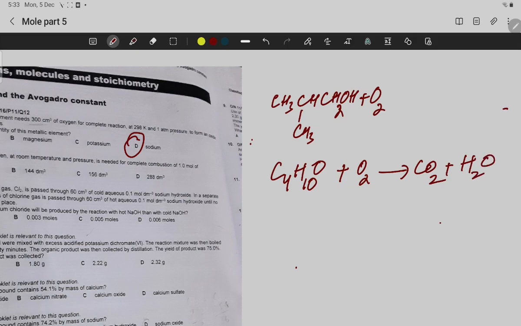So first balance the reaction, place 4 over here, 5 over here. So 4 plus 4 is 8 and 5 is 13. The mole of oxygen is 6 plus 6 is 12 and 1 is 13.